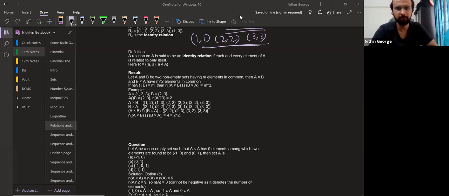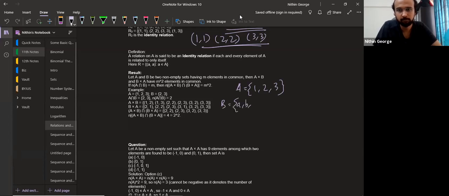So here they showed one demo. A and B are two non-empty sets with M elements in common.